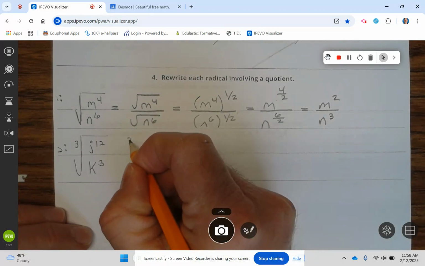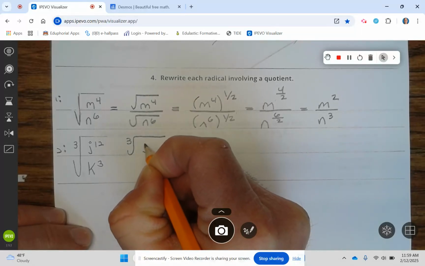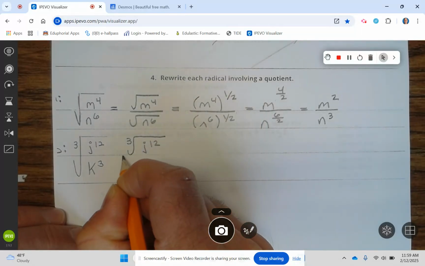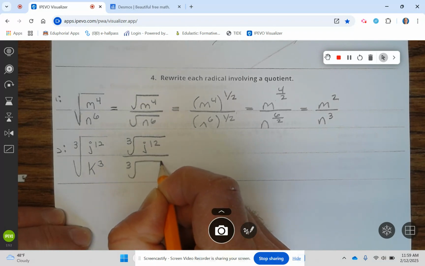So I can rewrite this as a cube root of j to the 12th divided by the cube root of k cubed.